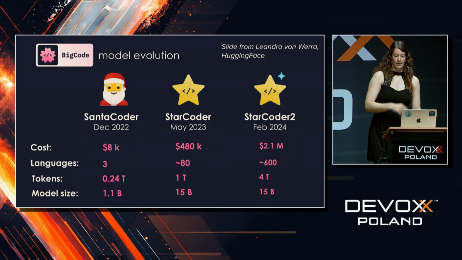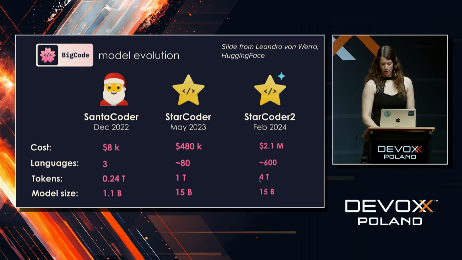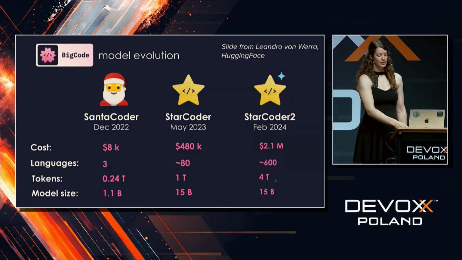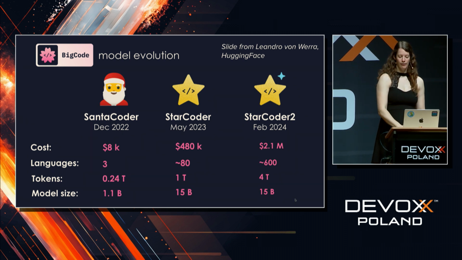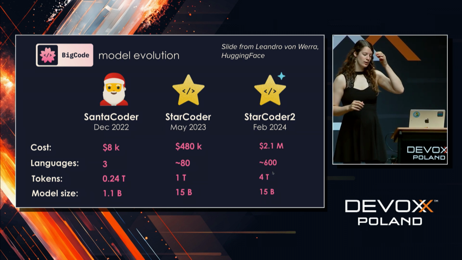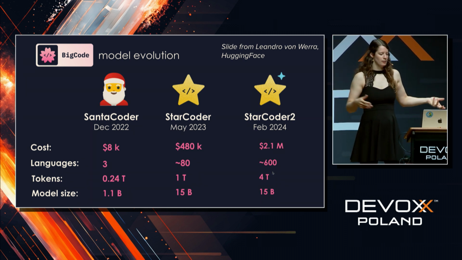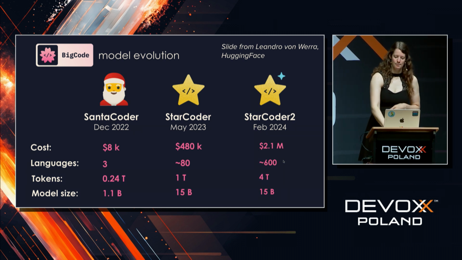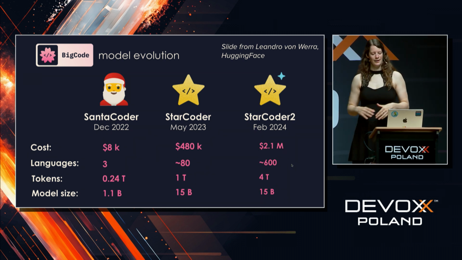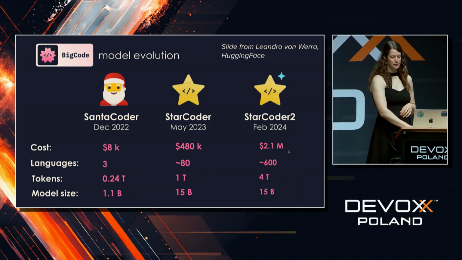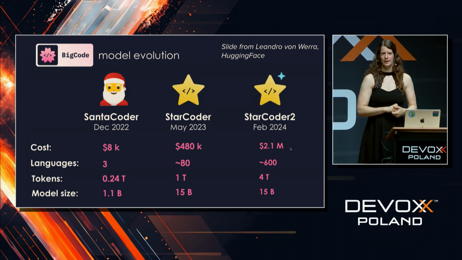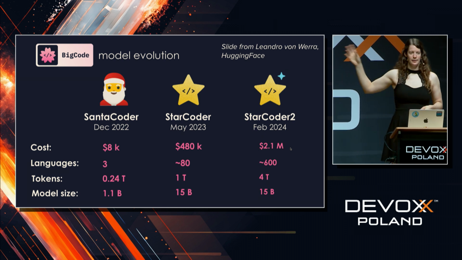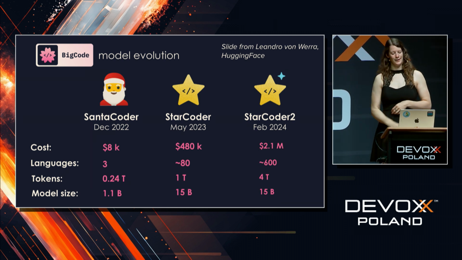So the newest one was trained on 4 terabyte of tokens, resulting in a model of 15 billion parameters, which would be almost equivalent of 15 gigabyte in size. And it can speak 600 programming languages. And the cost to train the whole thing, because they need a lot of dedicated hardware for that, was 2 million. And this one you can just go download if you want to use it. That's a very nice thing.